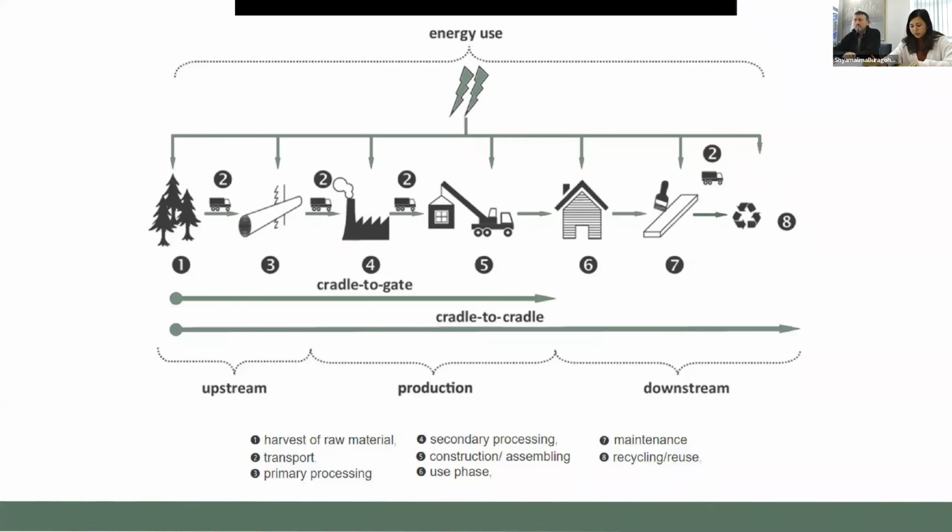The goal of cradle to cradle analysis is to create a closed-loop system where materials are continuously recycled and used over and over again, reducing waste and minimizing the environmental impact of the product. Both cradle to gate and cradle to cradle analysis are important tools for understanding the environmental impact of products and for guiding sustainable product design and production. The cradle to cradle approach is generally considered to be the preferred system for low carbon emissions in building construction.